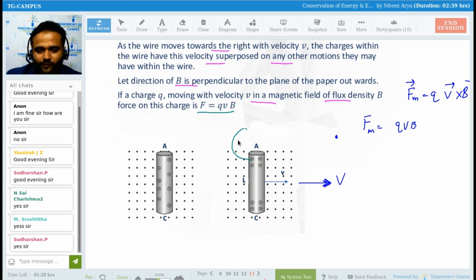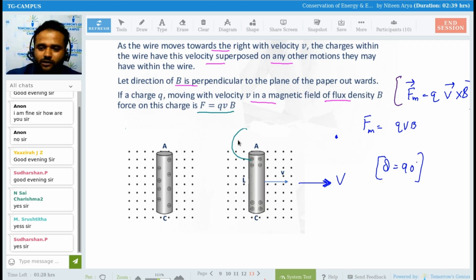So the angle theta between V and B here is 90 degrees, as simple as that. Is this clear to each and everyone? Why should I write QVB directly? Maybe some of you think we don't have this direct formula.